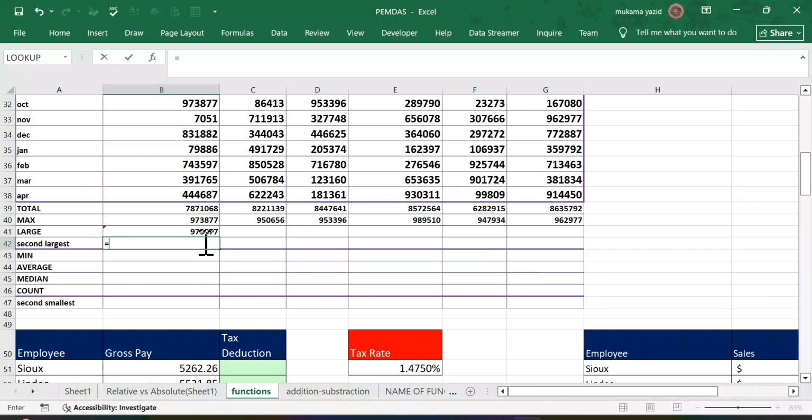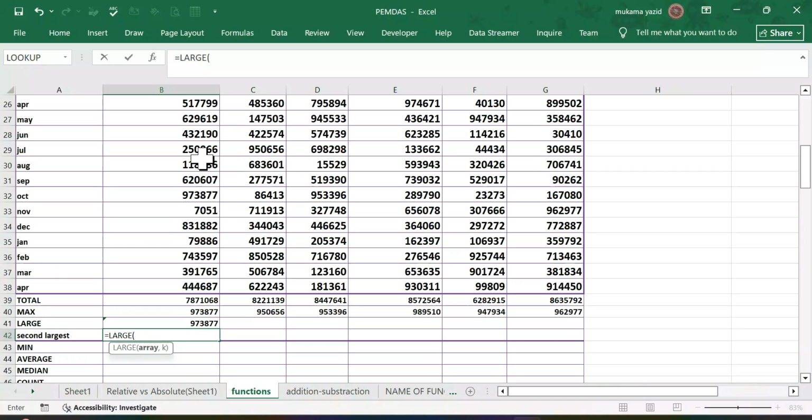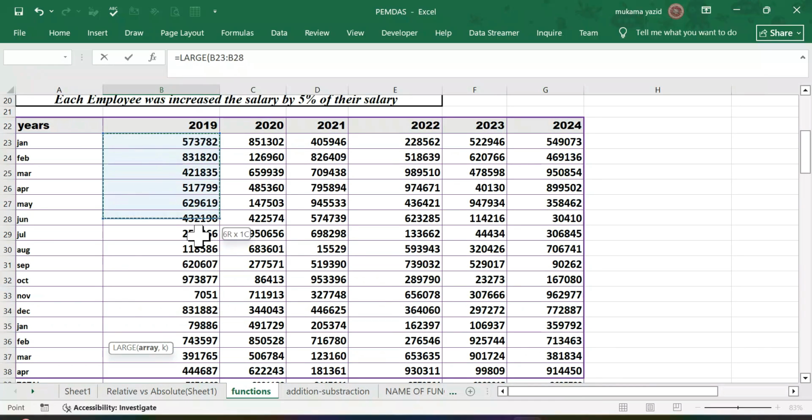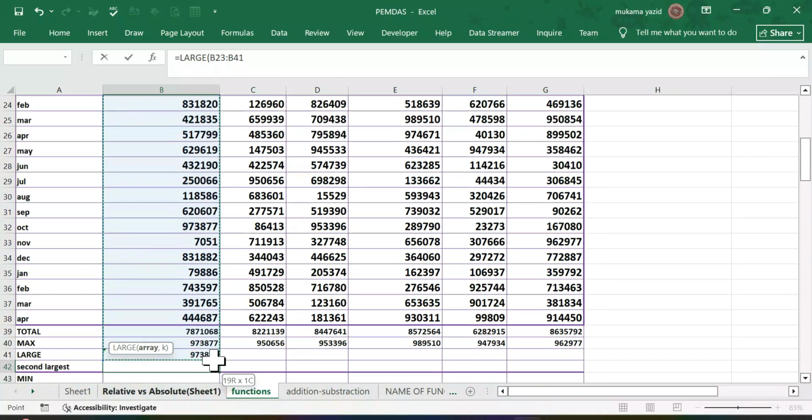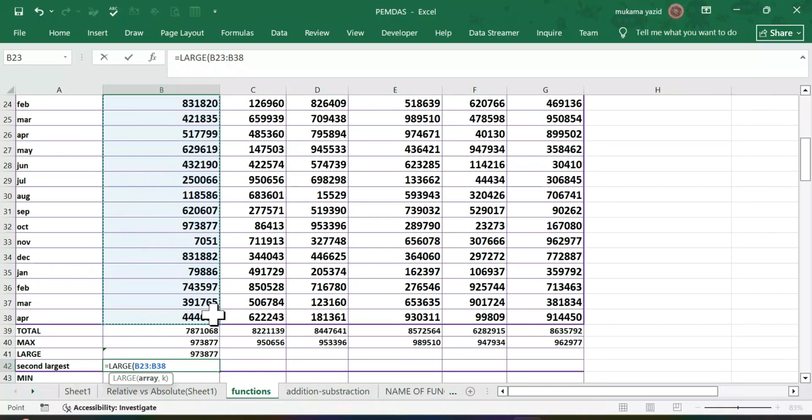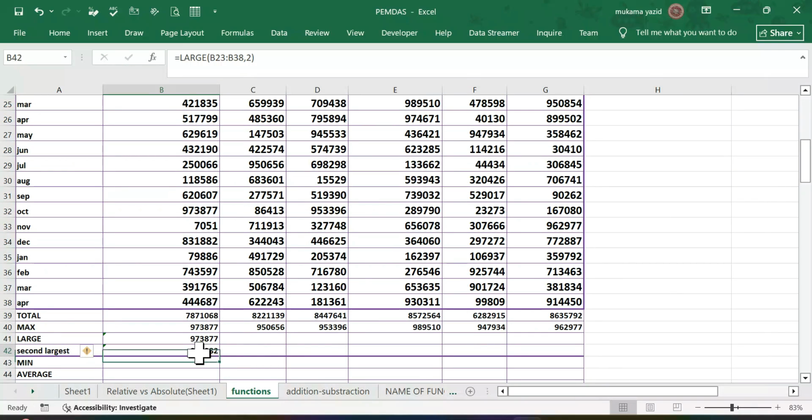Equals LARGE, select that function, select the array. This is the reference where we want to calculate our value from. Then comma, then we want second, so press enter. I think that is okay.